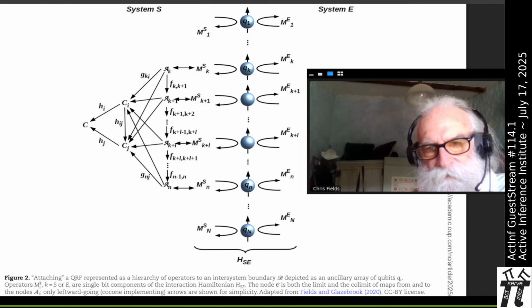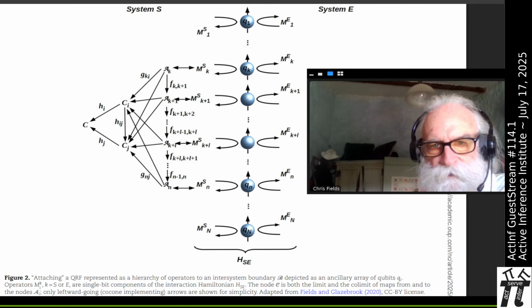So we know that kind of capability is extremely deep in phylogeny. All organisms have that kind of capability.